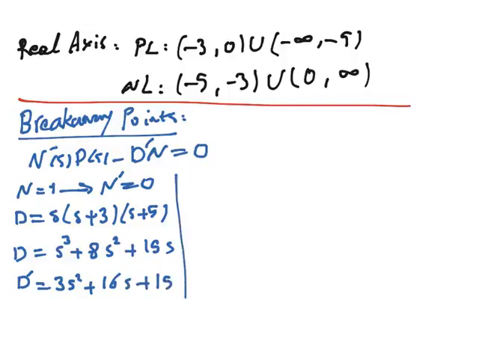If we replace these expressions into the original equation, we will get minus d prime, 3s2 plus 16s plus 15, times n, which is 1, and we should set it to be equal to 0.